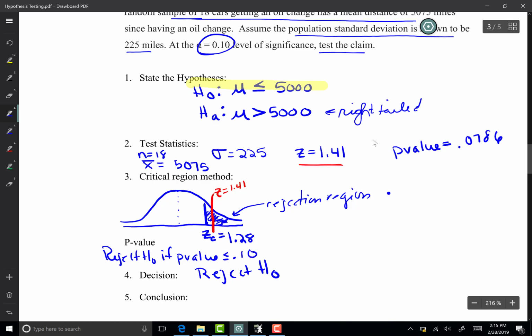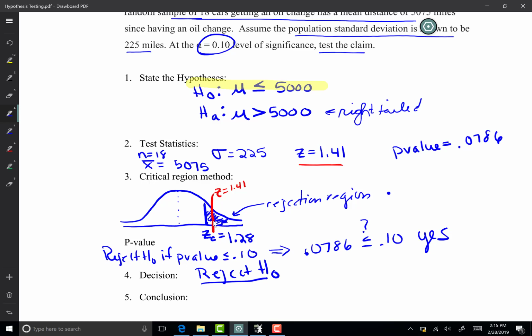So looking at my p-value, it is 0.0786. The question is, is that less than or equal to 0.10? Yes, it is. So if we say yes, then we reject the null. If we had said no, then we do not reject the null.